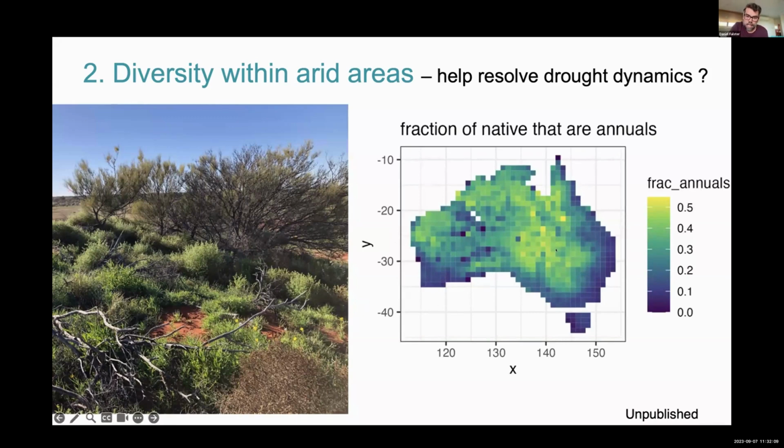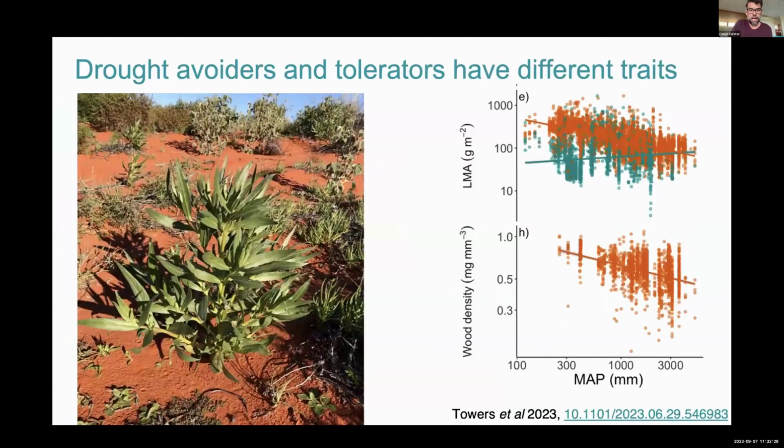You can see that as you go into the center of Australia, this is unpublished work, you can be pushing up to 50% of the species. This isn't the cover, but 50% of the species that are annuals. And these are likely drought avoiders, where they pop up in the wet periods after rain. And this matters because these drought avoiders have the opposite set of traits.